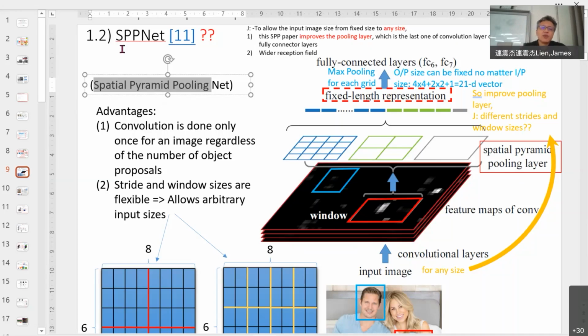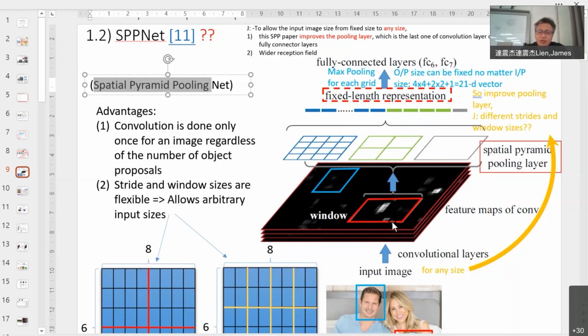Okay, so what is SPP? SPP works no matter what the input image size is. After SPP, your output channel dimension will be the same. So for this example, no matter what image size you input, up to here you have many maps, whatever the channels.